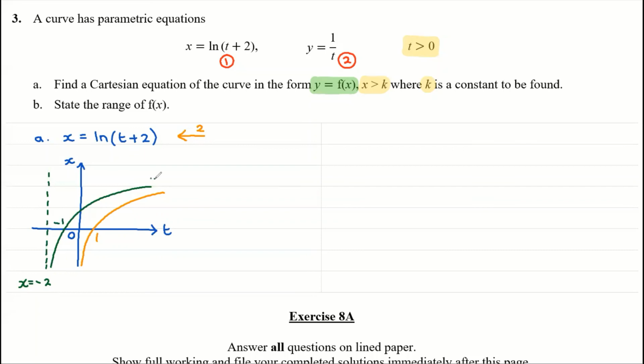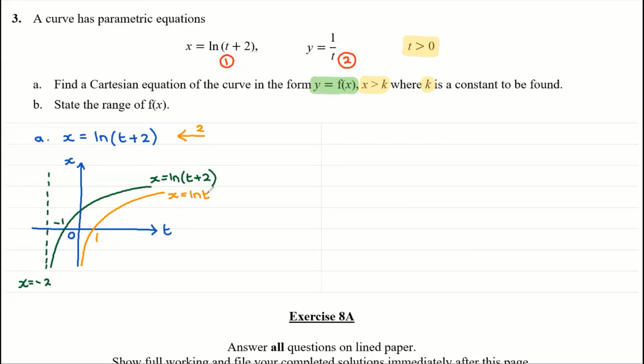So that would be x is equal to the natural log of t add 2. Okay, I'll just label this would be x is equal to the natural log of t. So you can see the difference. So it's a translation 2 units to the left.